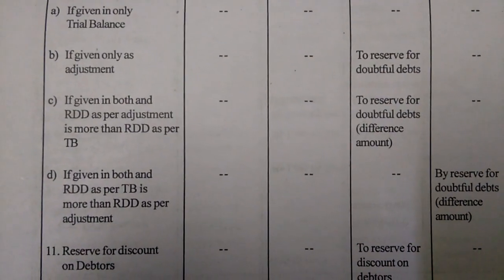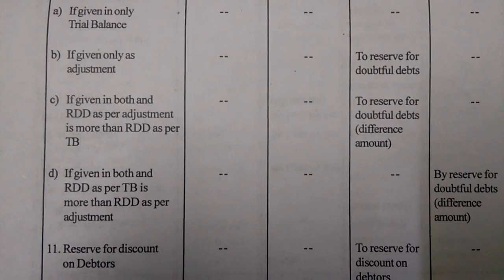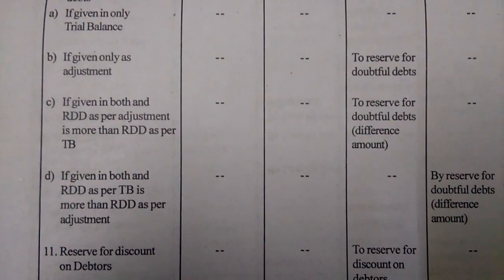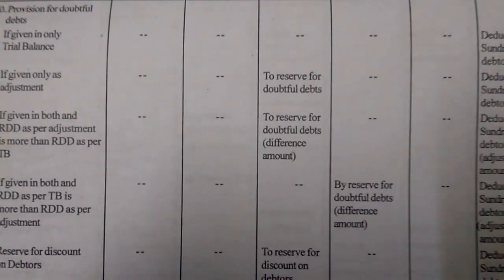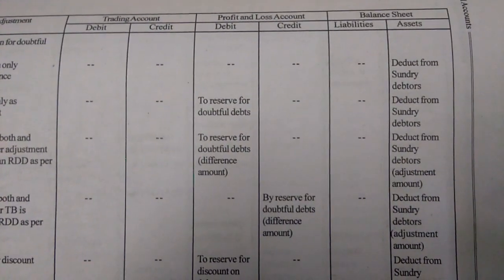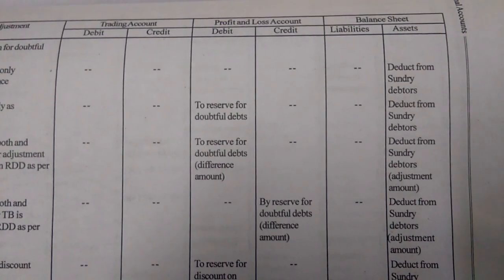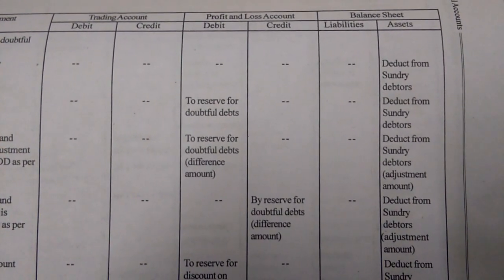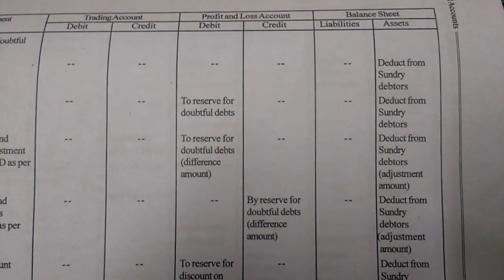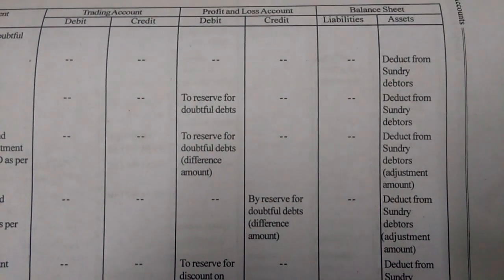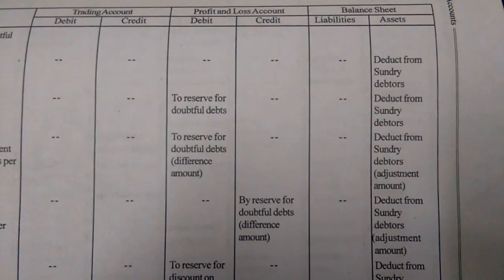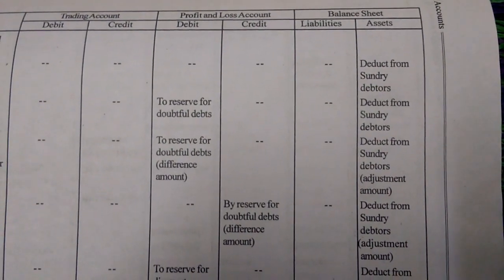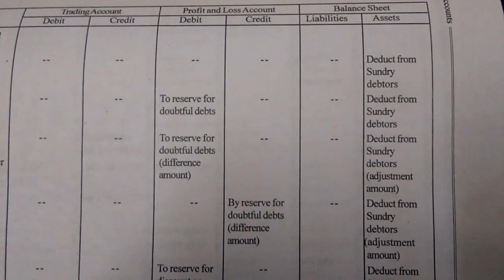Then D point, if given in both and RDD as per TB is more than RDD as per adjustments. So if the old reserve is higher, the difference is credited in the profit and loss account and deducted from the sundry debtors newly calculated amount.